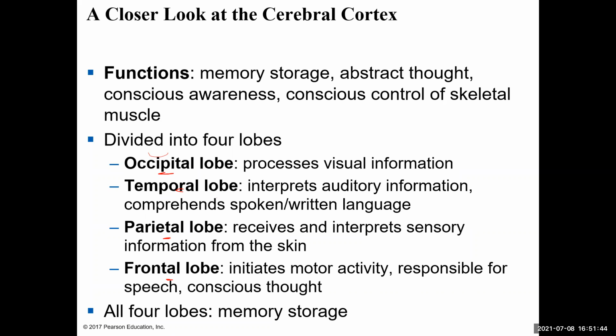Those lobes are found in the same places as those bones in the skull. The occipital lobe processes visual information. Temporal lobe is auditory, spoken, and written information. Parietal lobe is sensory information. And then the frontal lobe is motor activity, conscious thought, and speech. All 4 lobes work together in terms of memory storage.